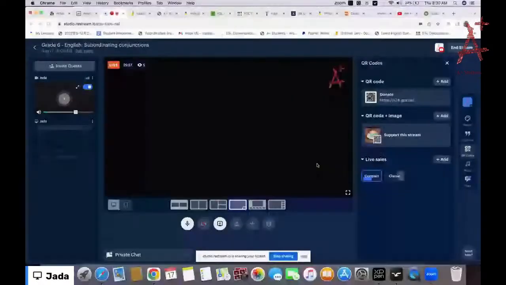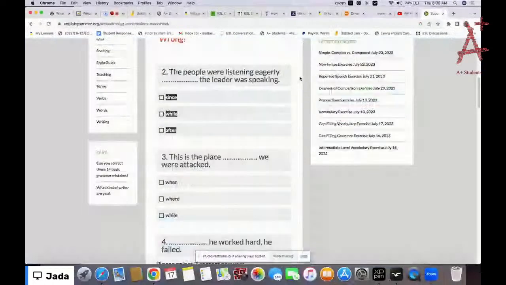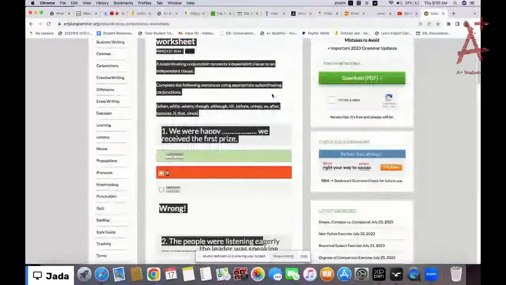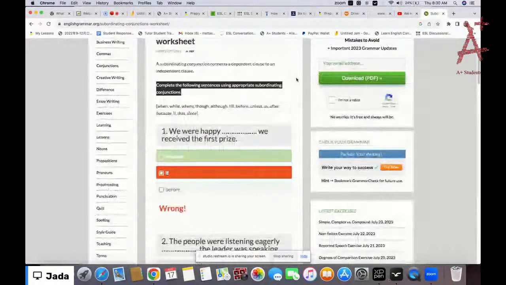Okay, so I'm going to share the screen now. So we have a worksheet and we can just click on the right answers. If you click on any one, it's going to show you if it's correct or wrong.